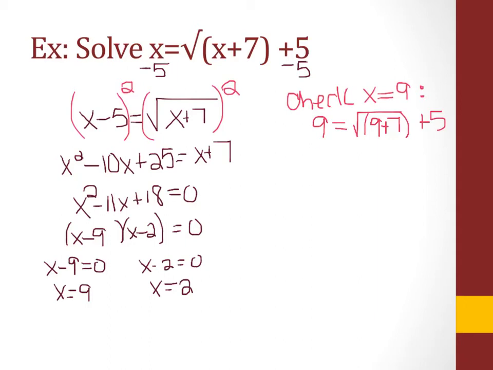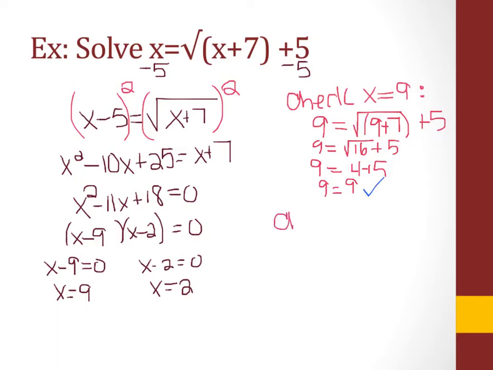Simplifying that, we have 9 equals the square root of 16 plus 5. The square root of 16 is 4, so we have 9 equals 4 plus 5. 9 equals 9. This checks out, so that is a solution.